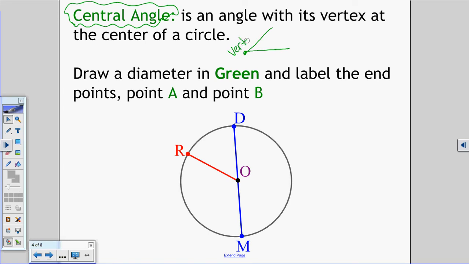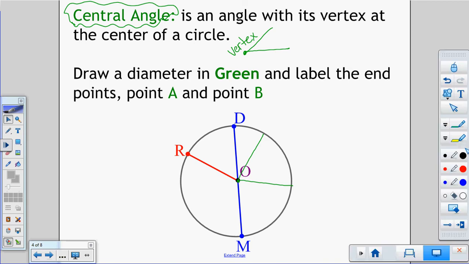So if you don't know what vertex is, you might want to write that in your notes. Now, a central angle is an angle with its vertex at the center of the circle. So what it means is you have to be here, and you can draw your angle anywhere you want around your circle, but the middle of the angle has to be through the center.